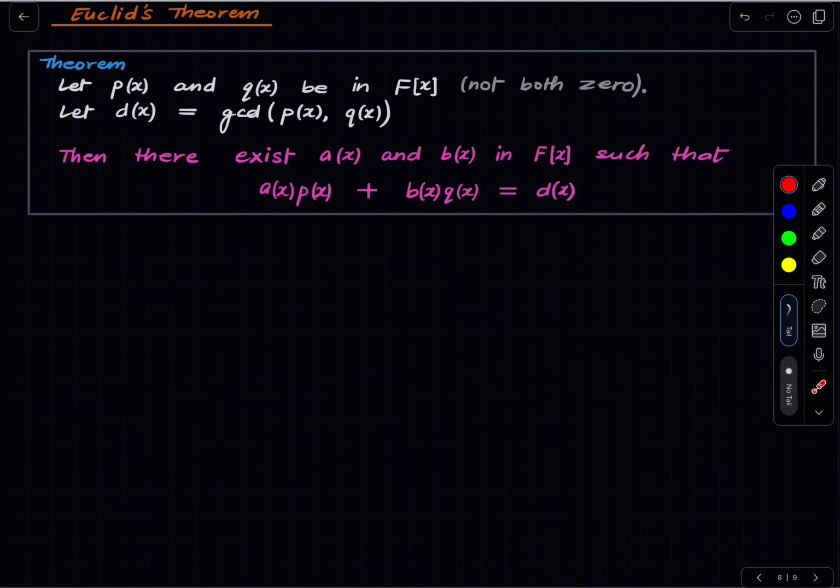Euclid's theorem in general. Suppose p(x) and q(x) are two polynomials, not both 0. And let's say d(x) is their GCD. This is the notation for GCD. This is now well defined because we have proven that d(x) is unique. So any two polynomials, not both of which are 0, have a GCD and they have a unique GCD.